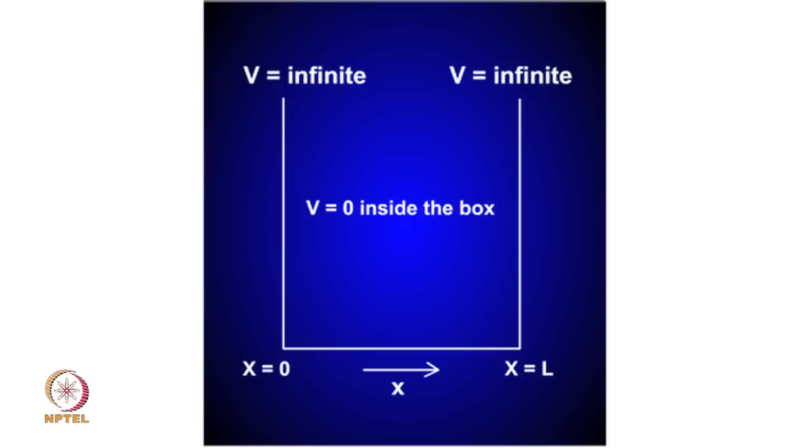Let us assume for the time being that the potential inside the box is 0. So, this is what we call the particle in a one dimensional box with infinite barriers.